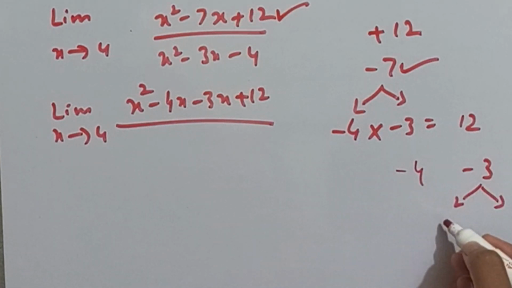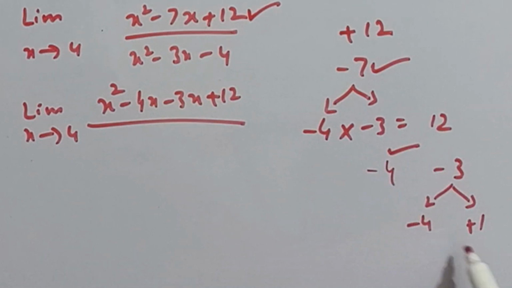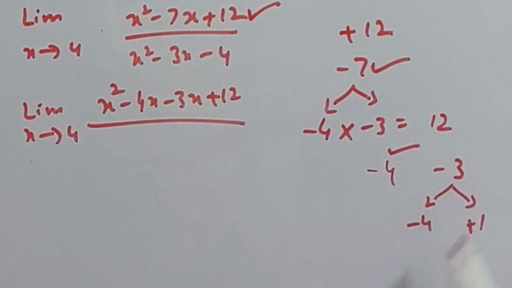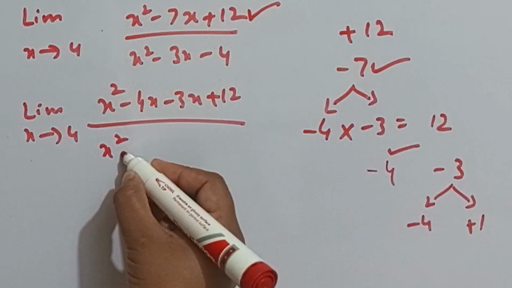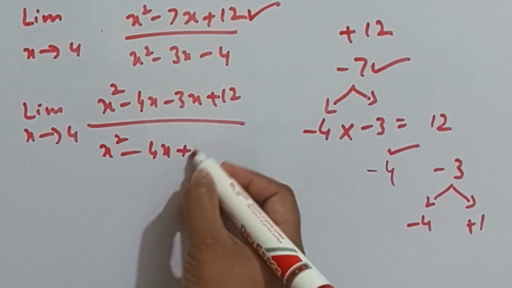So we write this as minus 4 and plus 1. If we multiply these two values, then we get this one, and if we add, then we get negative 3. So we write this as x square minus 4 times x plus x minus 4.